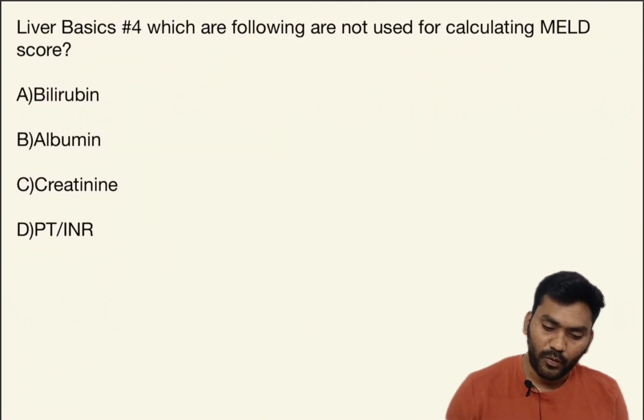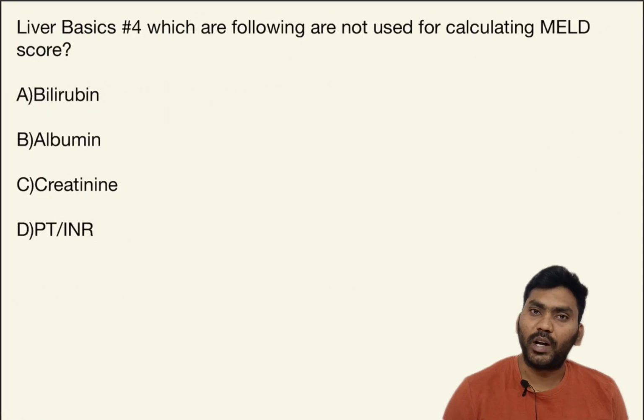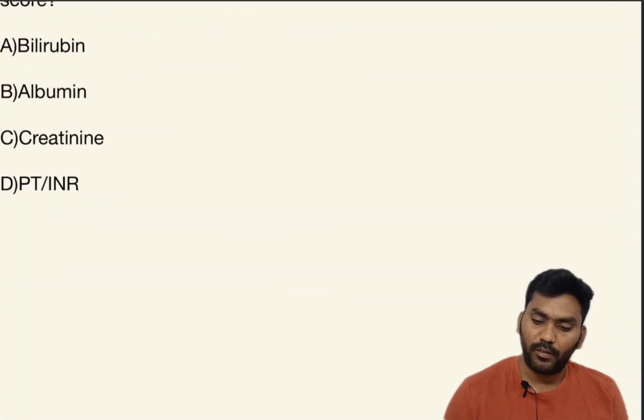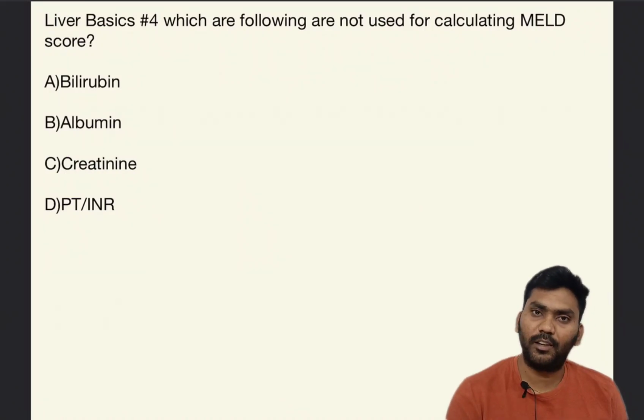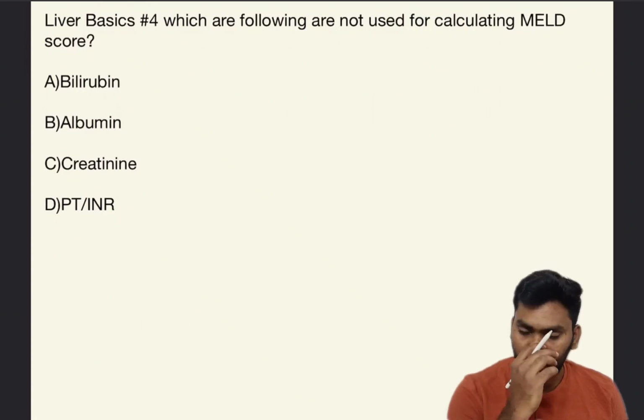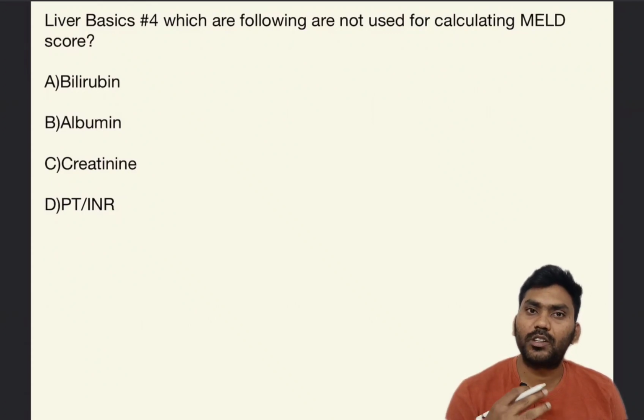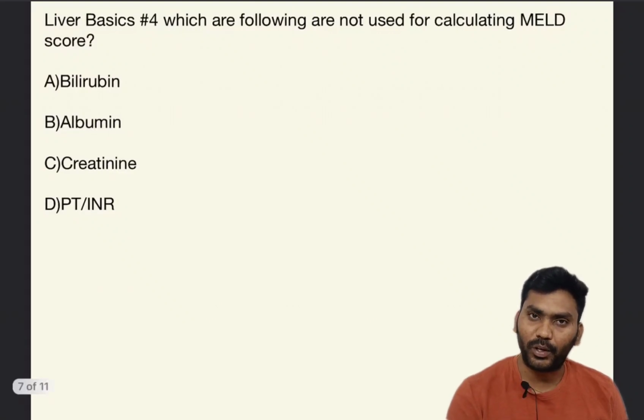Coming to the fourth question, which of the following are not used for calculating the MELD score? So this concept is based on quantitative tests for liver function. Whenever a patient is undergoing any liver surgery, or has pre-existing liver disease and is going to undergo any general surgery procedure, the prognosis of the patient and of the surgery can be calculated by two important scores.